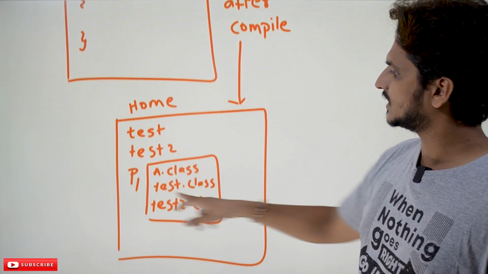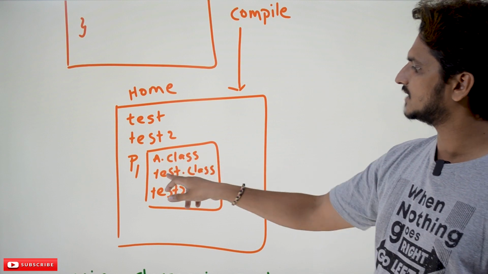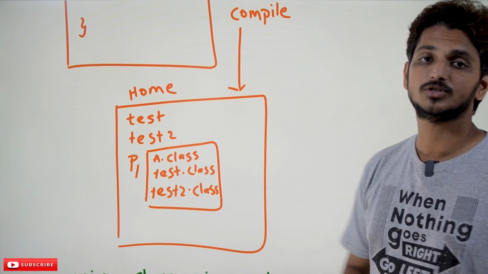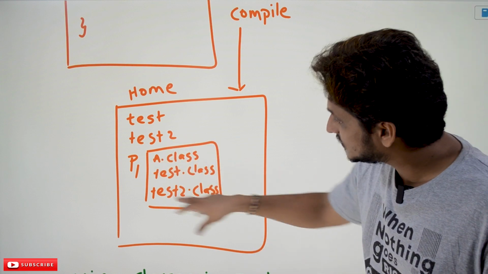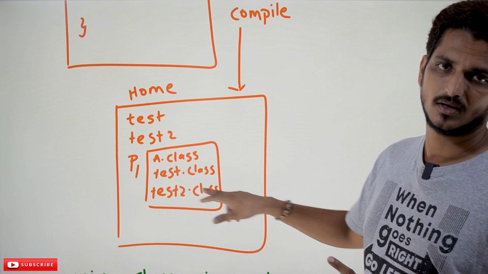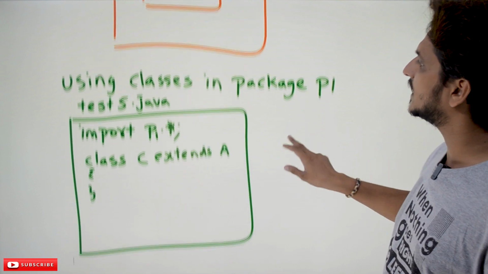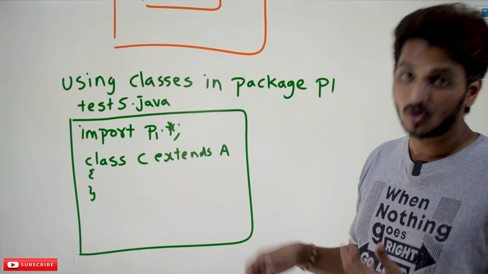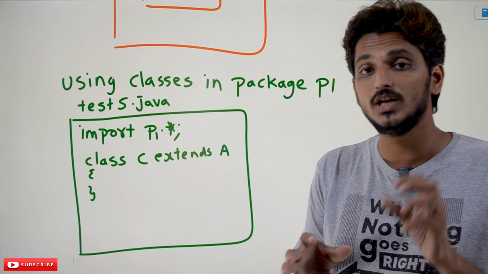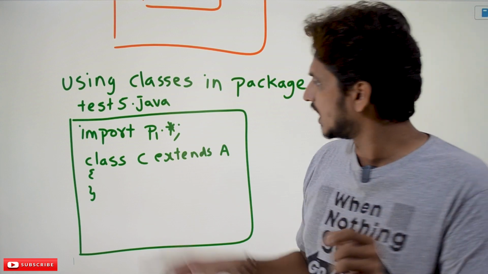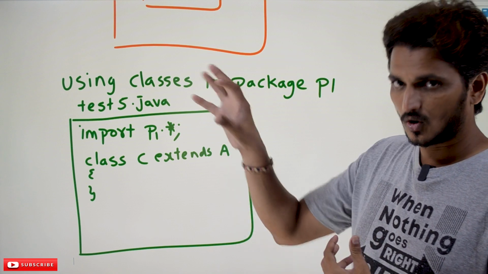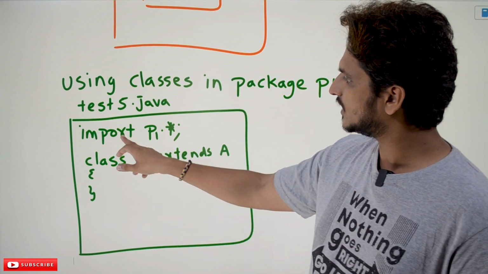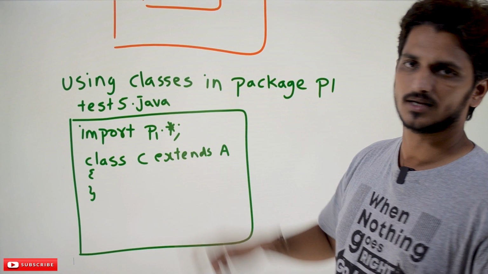So after compilation, P1 is having A.class, test.class, test1, test2.class. So how to use the classes that present in a package? In order to use the classes in package P1, we need to use the keyword called import. Import is a keyword used to call the packages. import p1.star.